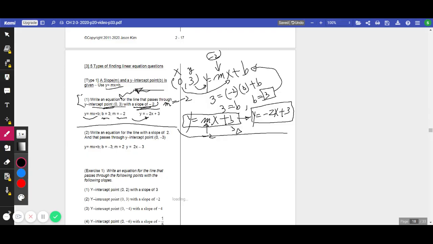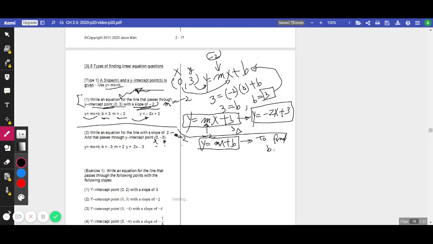Number 2, write an equation for the line with a slope of 2. So from here, we know that m equals 2. And then it passes through the y-intercept 0, -3. So the x value becomes 0 and the y value becomes -3. So put these values into y equals mx plus b to find the b value.